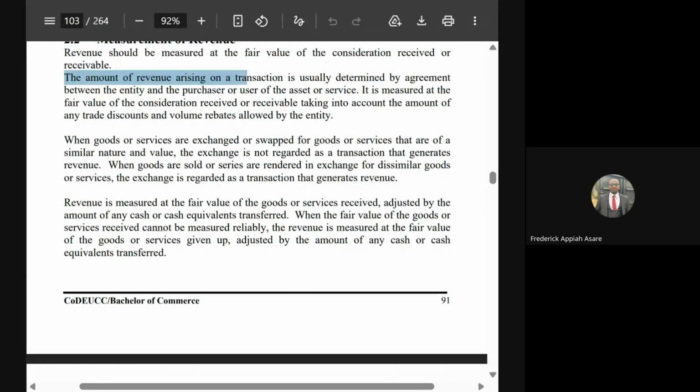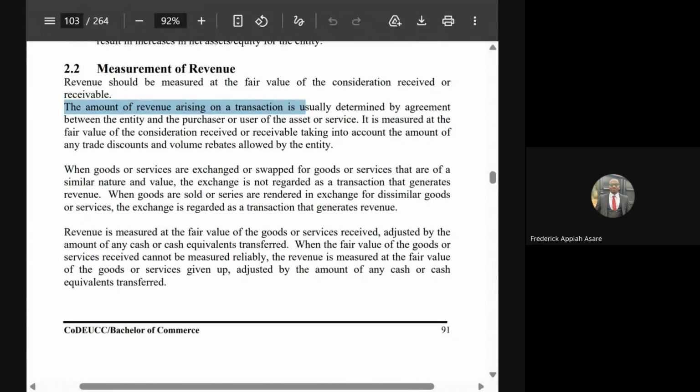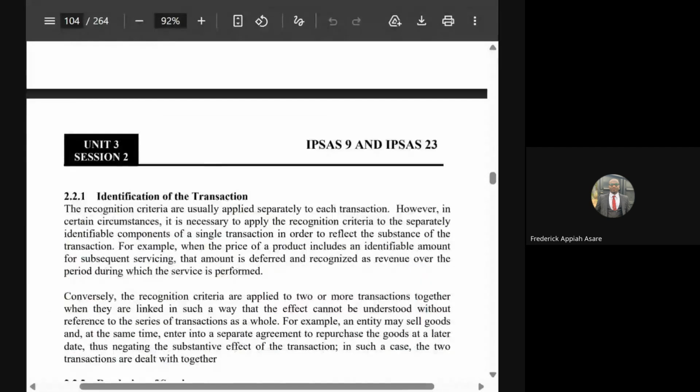The amount of revenue arising on the transaction is usually determined by agreement between the entity and the purchaser. So fair value consideration amount is the amount that reasonable people will exchange in an arm's length transaction. That is, no one is being forced to purchase anything.